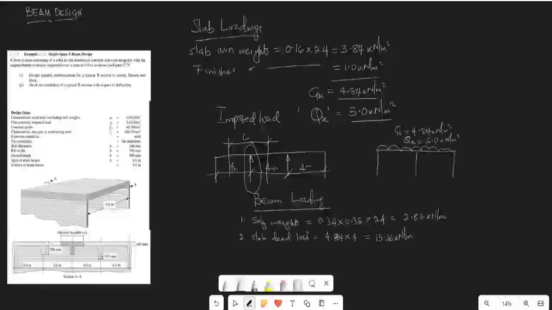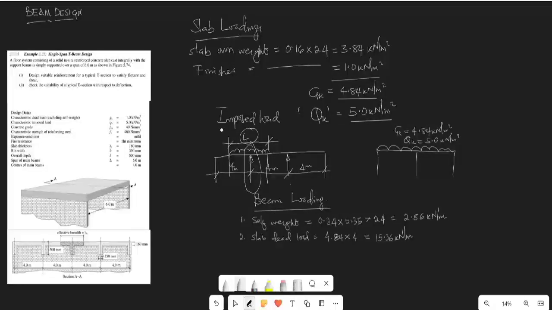Sorry about that, 4.84 multiplied by 4 is 19.36. What I just did is use this span to multiply the load coming onto that beam.